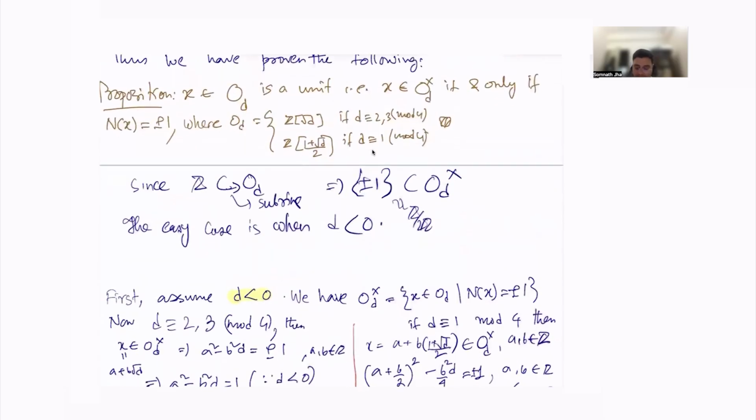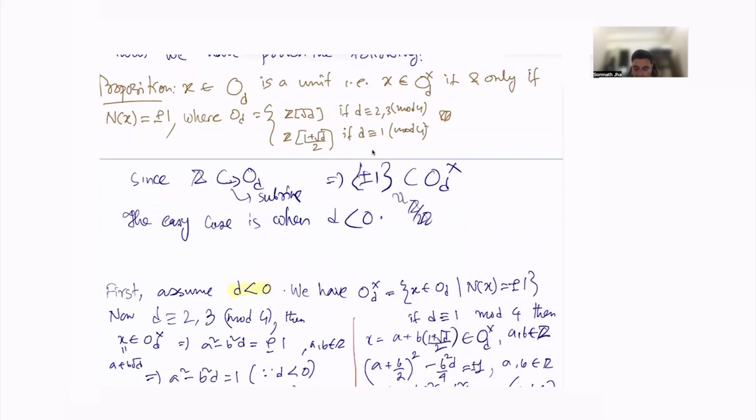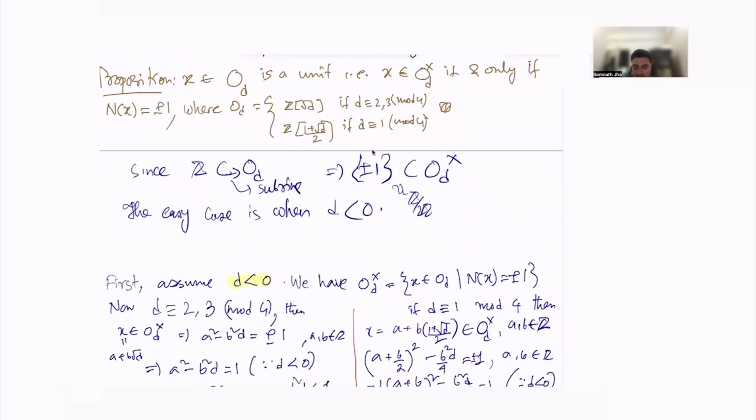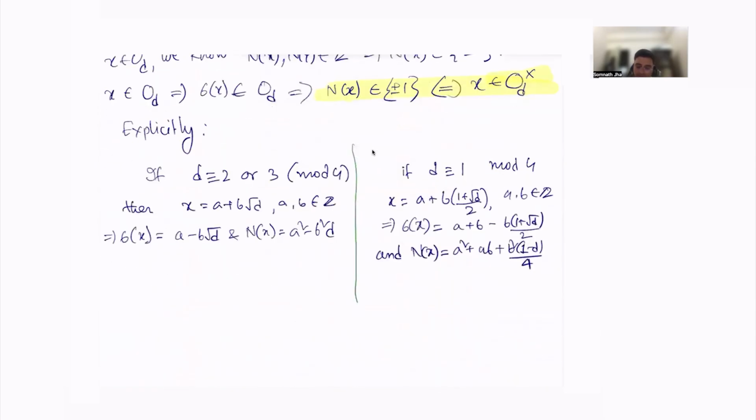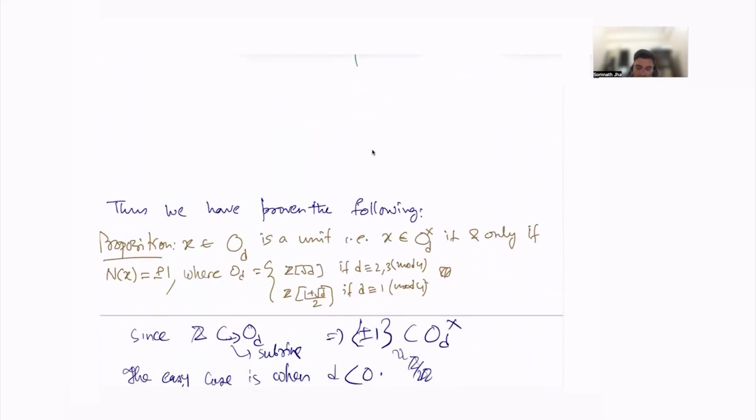So if this is a unit, then its norm is 1. And what is the norm? The norm is a plus b by 2 whole square, and its bar will be a plus b into 1 minus root d by 2, right? We have calculated this.